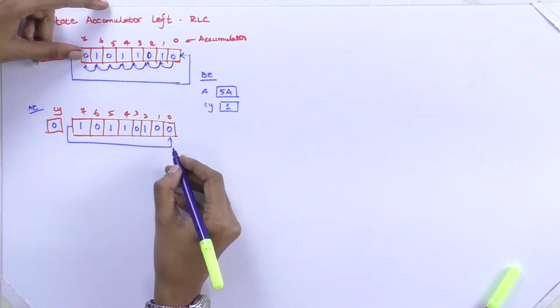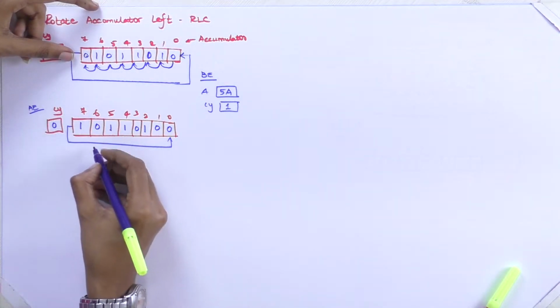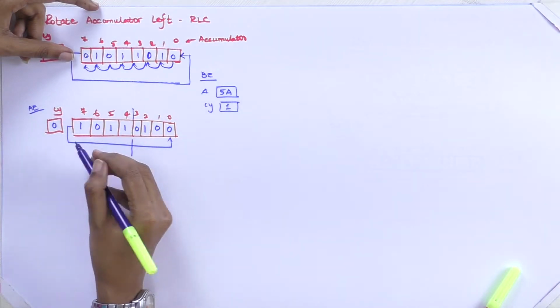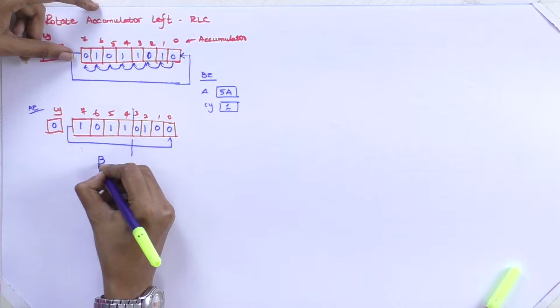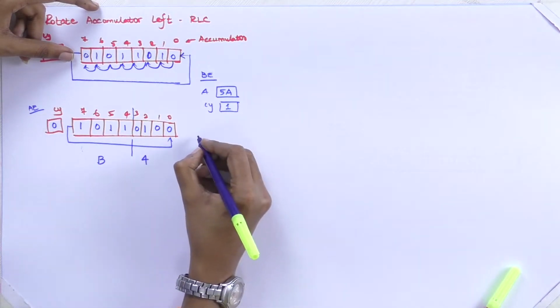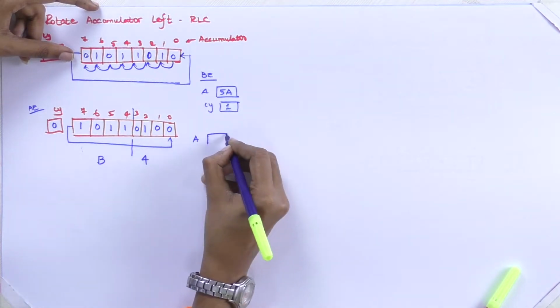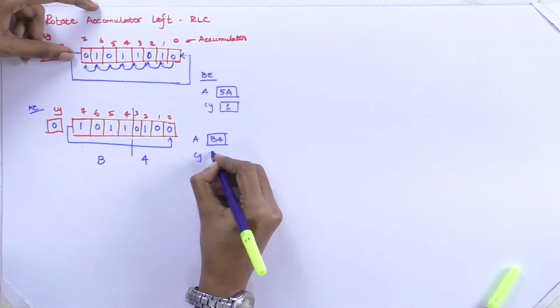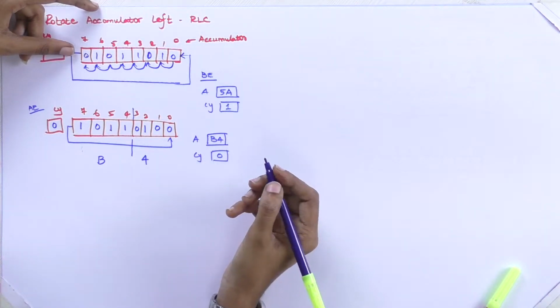So what value will we get after shifting? This is B and this is 4. After execution, the accumulator is having the value of B4, and carry is having the value of 0.